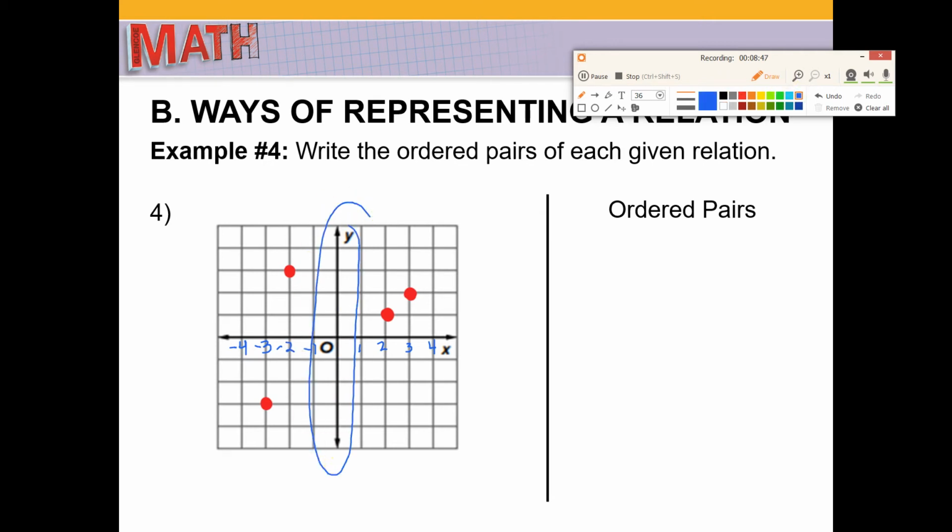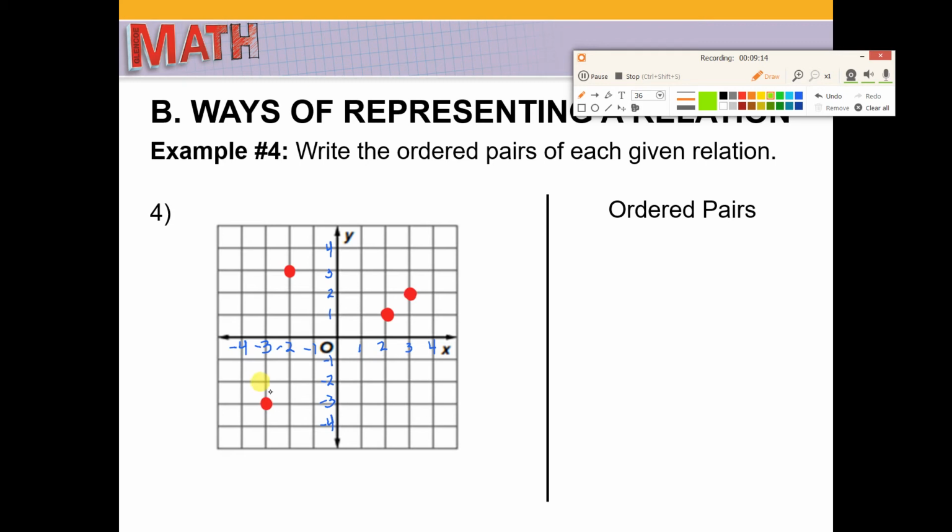In the y-axis, the upper part is positive and the lower part is negative. So let's label those. This would be positive 1, 2, 3, and 4. And down would be -1, -2, -3, and -4. Now that we've done that, we can now get the points or the ordered pairs for each of these points.